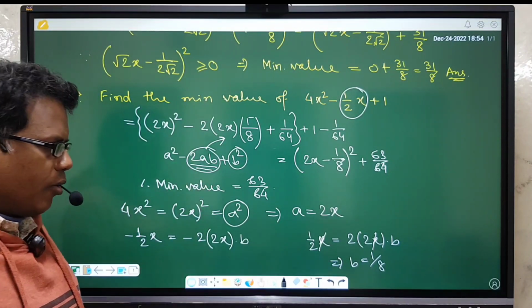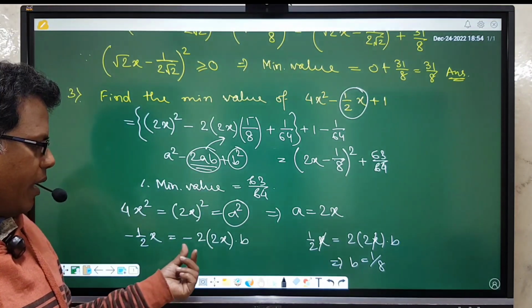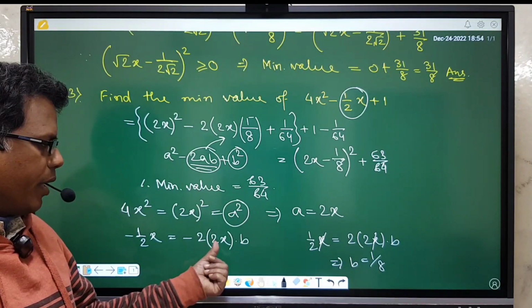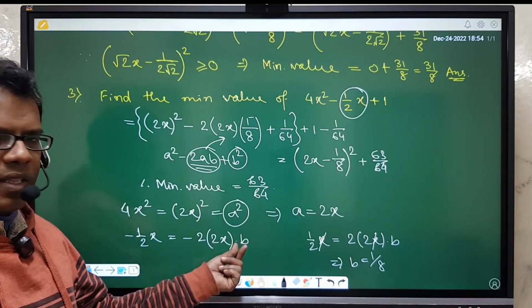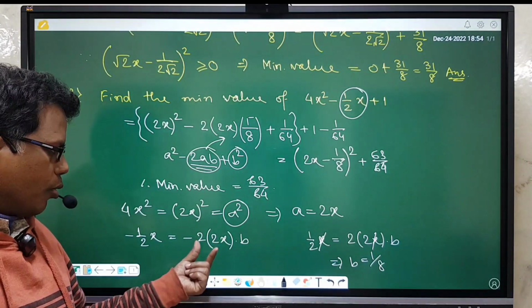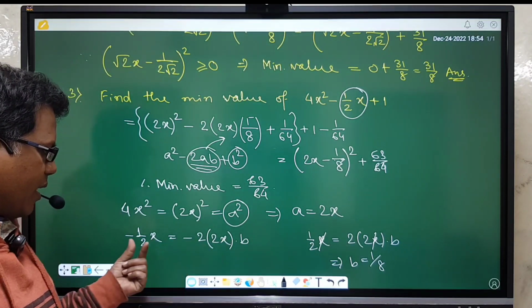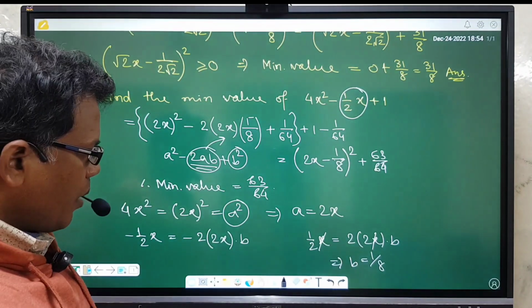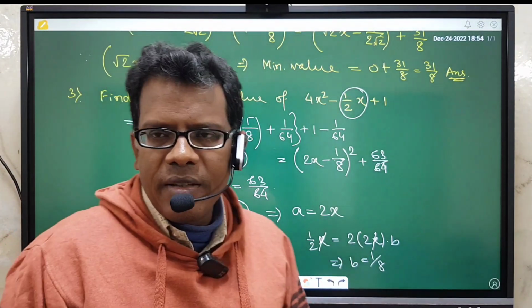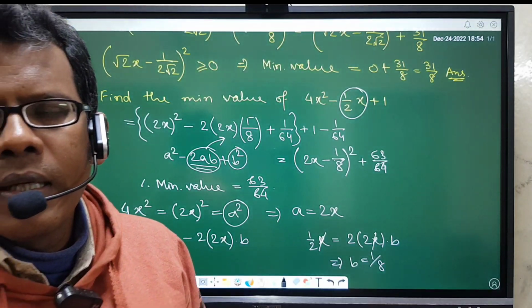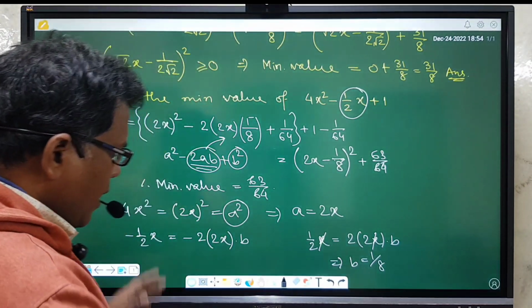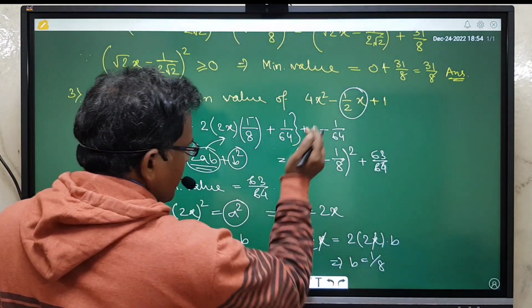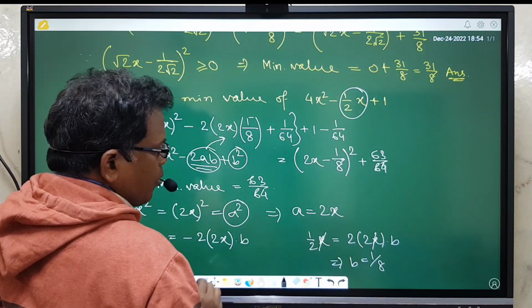For me, b is unknown. After writing 2 into a, b is yet to be known. So 2 into a into b, if I compare it with the given term that I am trying to write as 2ab, from there I must get the value of b. With oral calculation, I have confirmed b should be 1 by 8.